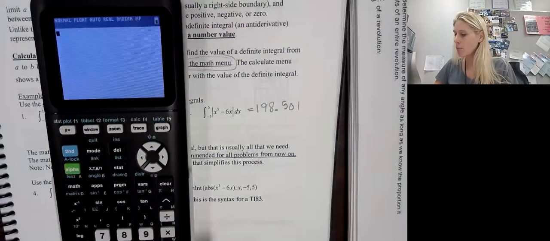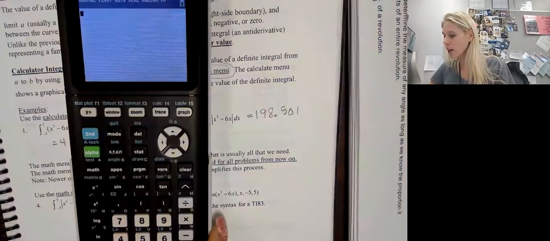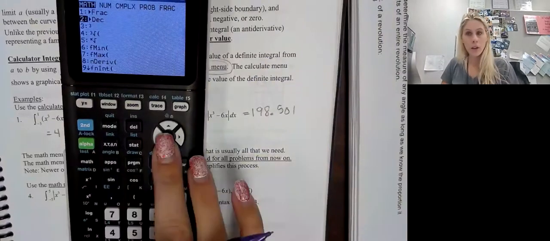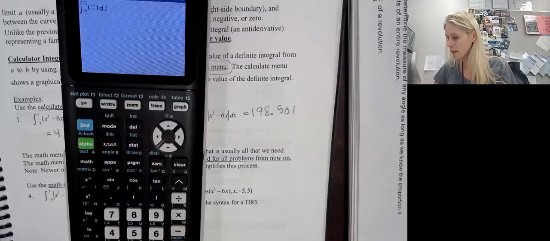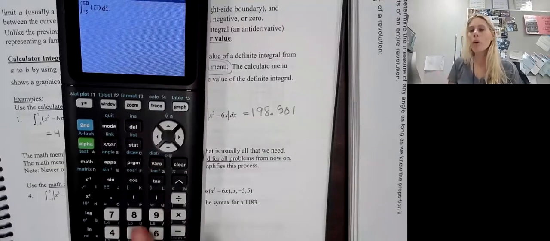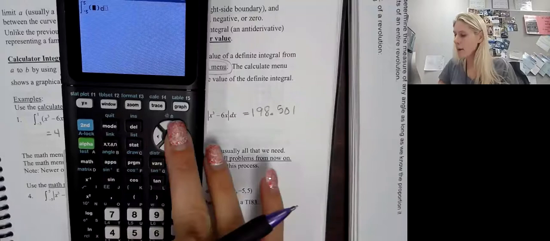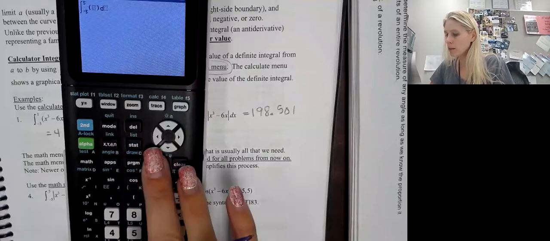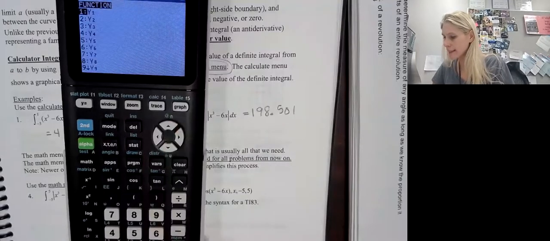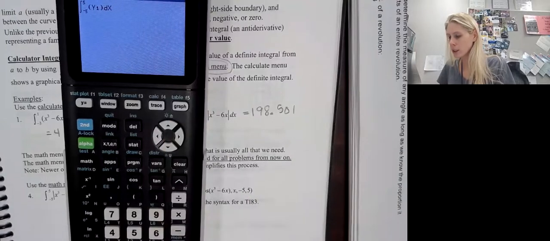So if we go math and go down to our integral of our f of x, now I'm actually going to type this in. We're going from -5 to 5. Now we could do our absolute value, that's fine, but I remember I have this in y1. So I'm going to go vars, function, y1, because I already have that, and we're in x's, and then I'm going to press enter, and it's going to take its time and calculate.